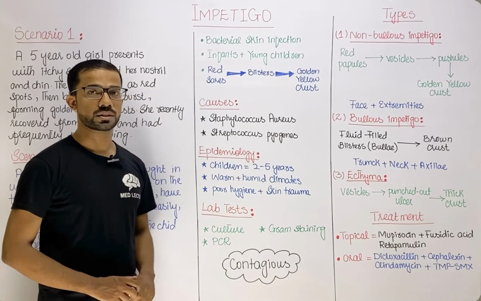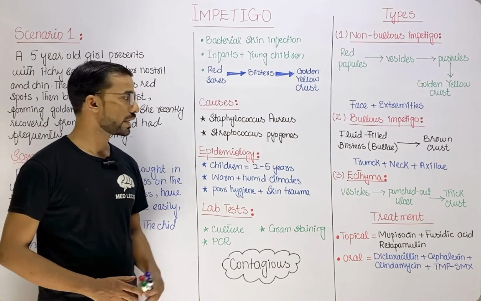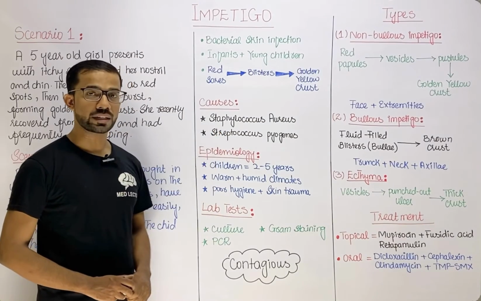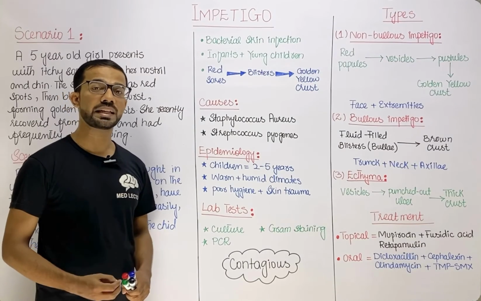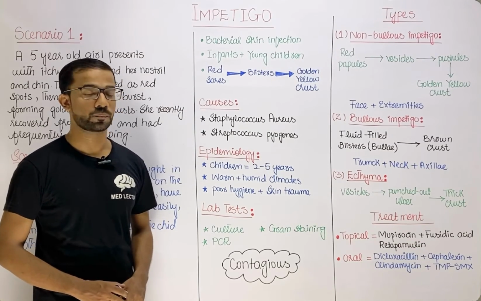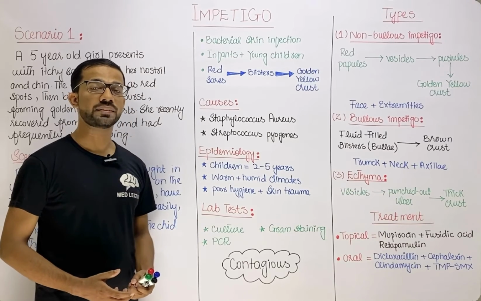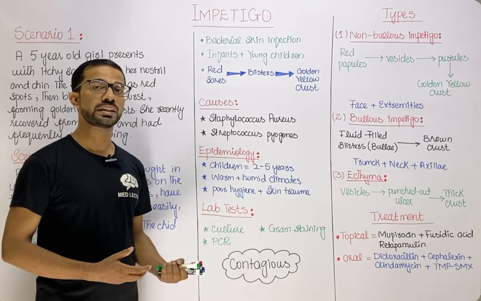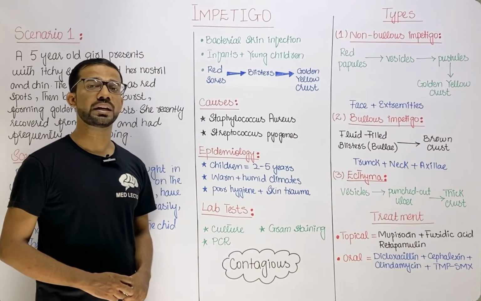Next is the causes. Two bacteria are the main cause of impetigo: Staphylococcus aureus and Streptococcus pyogenes. These are the bacteria that cause impetigo. Next, if we look at the epidemiology, it is common in children aged between 2 and 5 years, but it can also be seen in adults as well.